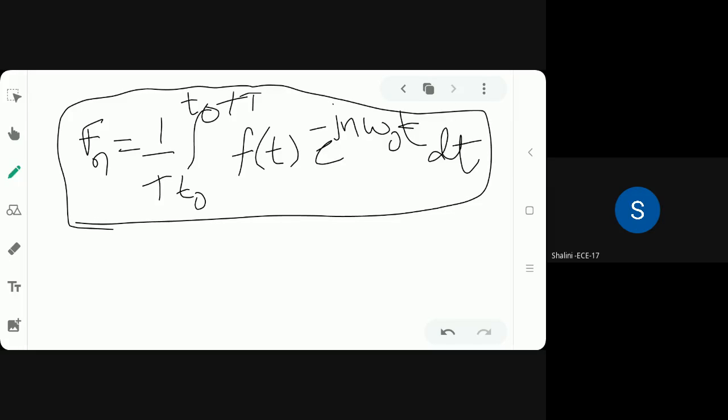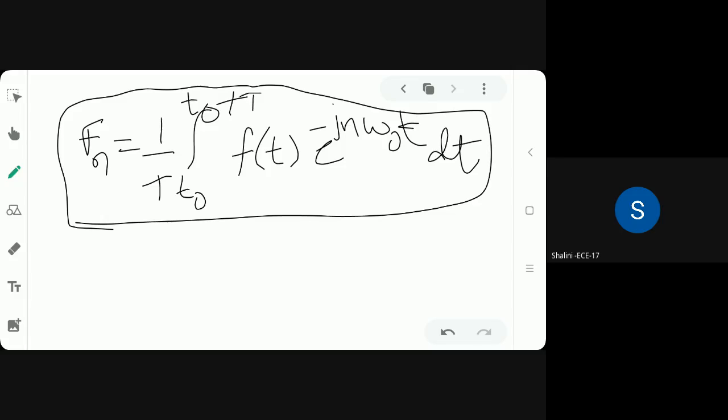If it is the exponential Fourier series, or the calculation of exponential Fourier series, you have to remember the Fn formula, where Fn equals 1 by T integral t naught to t naught plus capital T, f of t into e power minus j n omega naught t dt. Whereas for the trigonometric Fourier series, you have to memorize the formulas for a naught, an, bn.